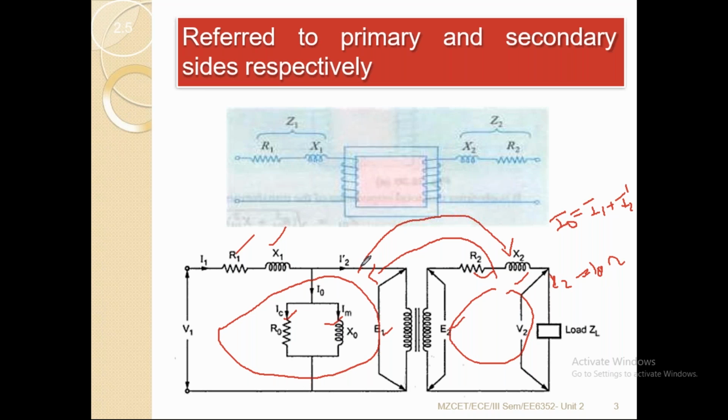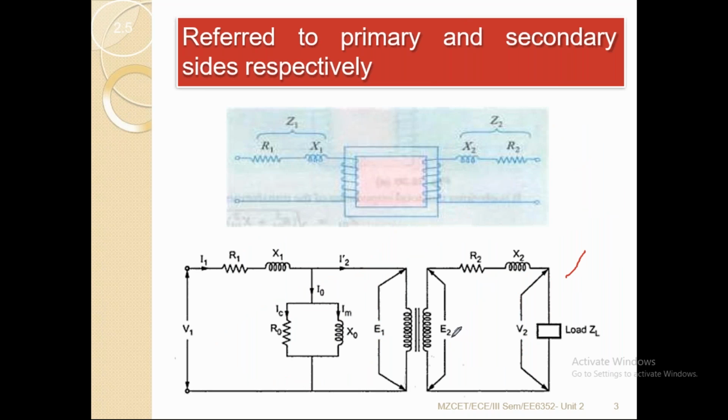Why? Because when going from secondary to primary or primary to secondary, the transformation ratio is involved, in terms of the number of turns. So while shifting these parameters, the transformation ratio is included. Let me see that one by one.